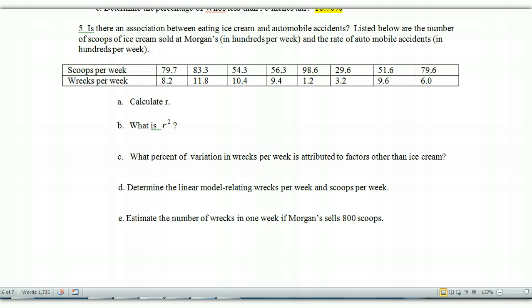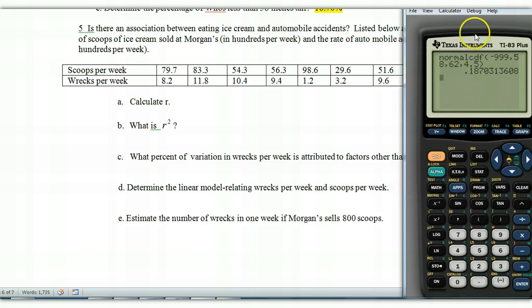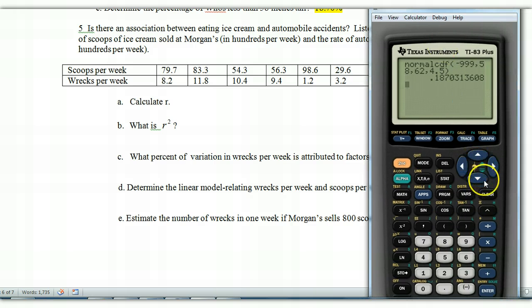So you don't have to give your data set. You can just put in what you see there into your stat editor. We got list 1 and list 2. Run your data, put all your data in there, and then we'll calculate R.